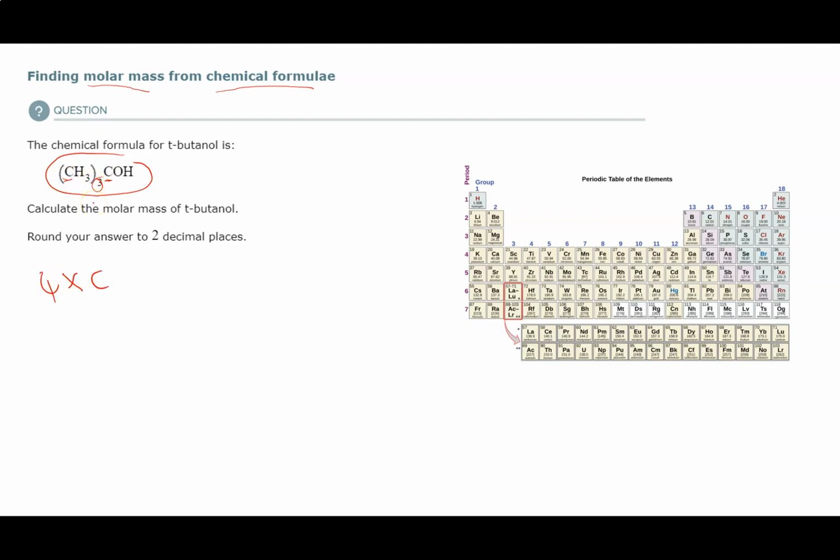And then how many hydrogens do we have? We've got 3 times 3, that's 9 there, and then we've got another one there. So we've got 10 hydrogens. And then finally, we have 1 oxygen out there. Carbon is in group 4A and has a mass of 12.01. Hydrogen's in group 1A and has a mass of 1.008 according to this periodic table.